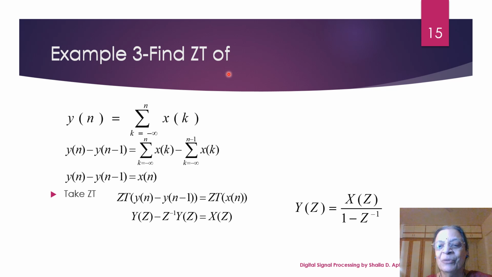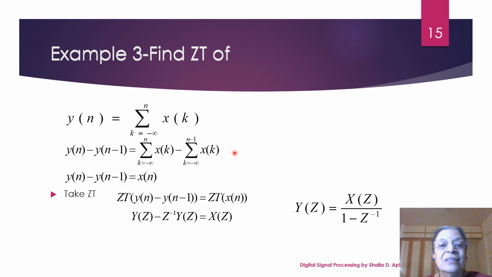Let us consider one more example. This is a little tricky. y[n] is the summation k equal to minus infinity to n of x[k]. Now, how do we write it? What I will do is take y[n minus 1]. So y[n] is this summation, and y[n minus 1] will be k varying from minus infinity to n minus 1 of x[k].